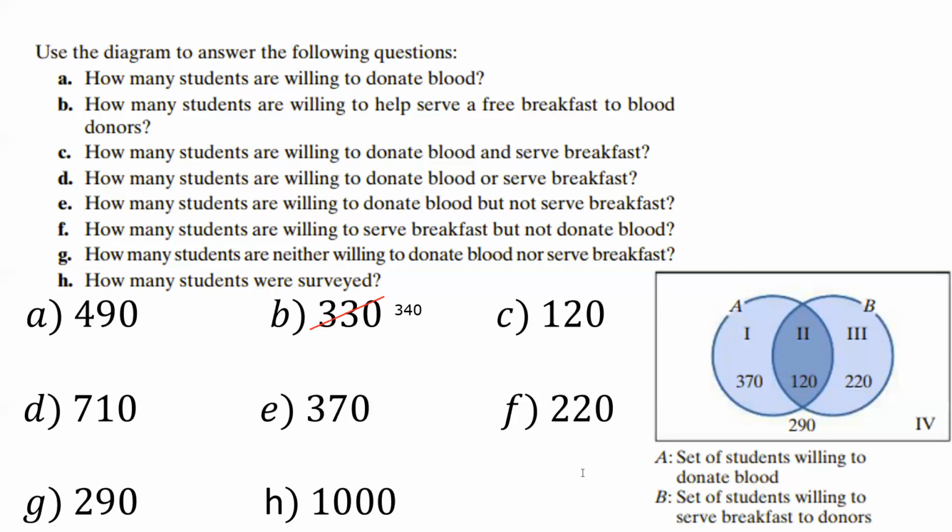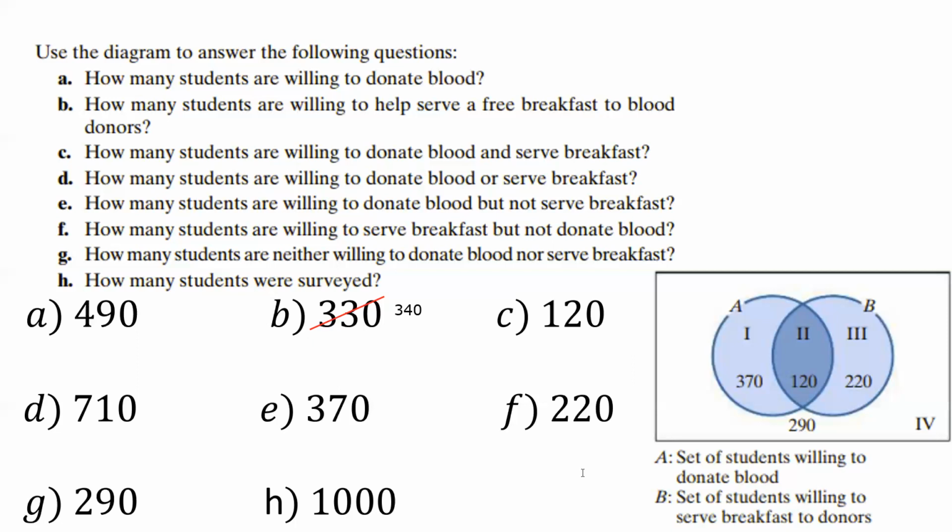G is how many students are neither willing to donate blood nor serve breakfast. And so that is going to be everyone outside of those circles. Maybe they are people that don't want anything to do with the blood drive and are just going home instead, or maybe they are hanging out at the blood drive, they just don't want to donate or serve breakfast. It's not really important.